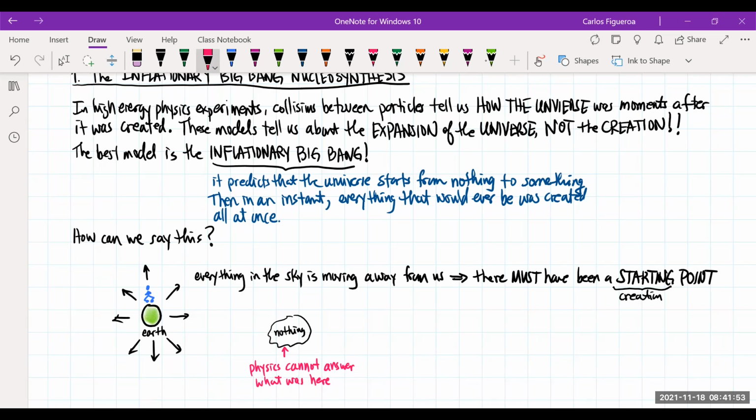Then, in some shape or form, it looks like some big bang occurred.